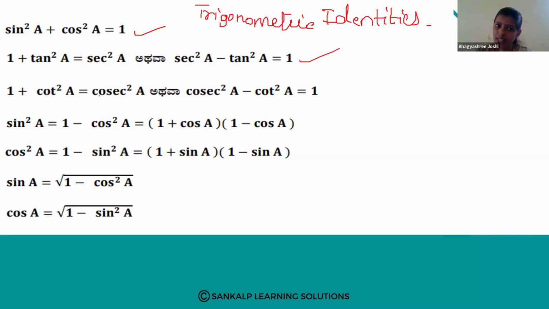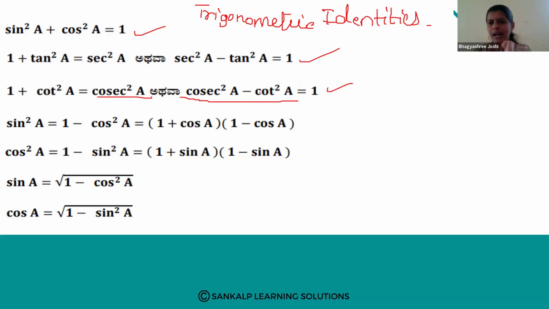1 plus cot square A is equal to cosec square A. Transferring this cot square A to this side, it becomes cosec square A minus cot square A is equal to 1. See, these are the main 3 identities. From these 3 identities, we are going to get some other identities. Using these, we will find different identities.